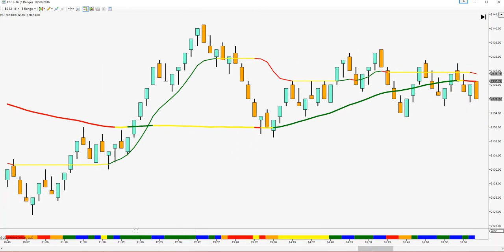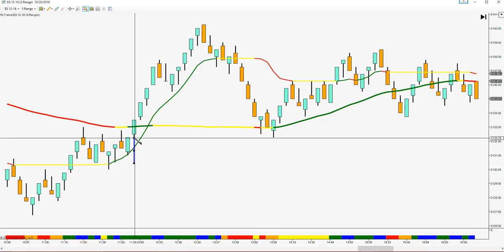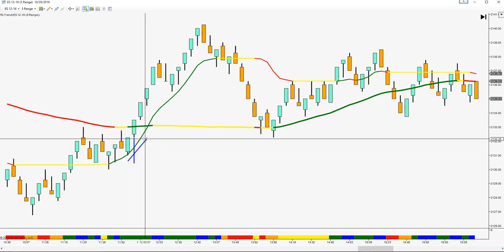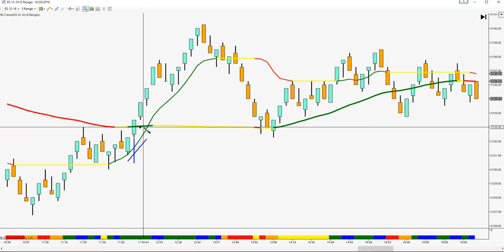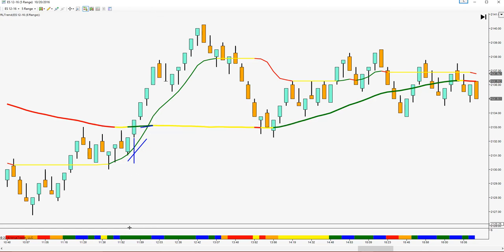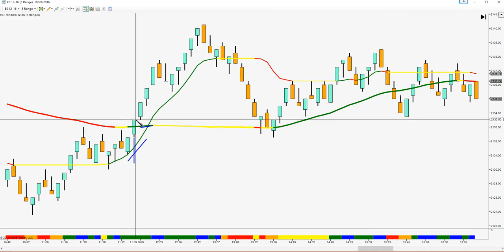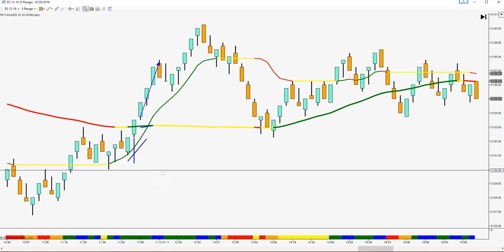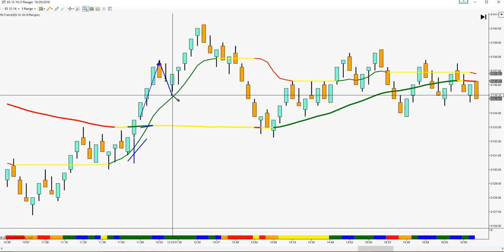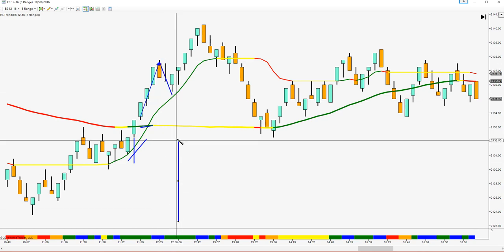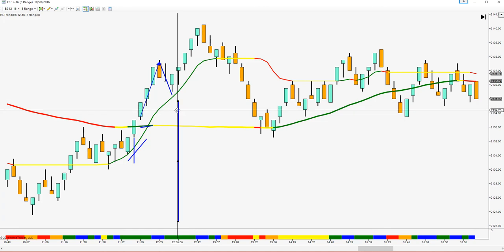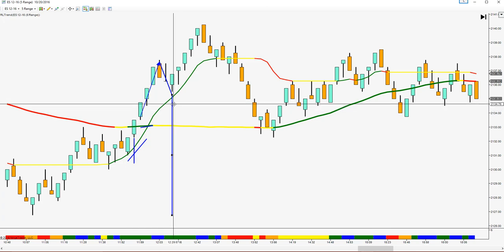And again, right here, you have a break of the 50. 15 is up. 50 is up. Order flow, aligned to the upside on multiple time frames. Enter one tick above. You have a huge move. Retracement. Order flow is aligned to the upside.